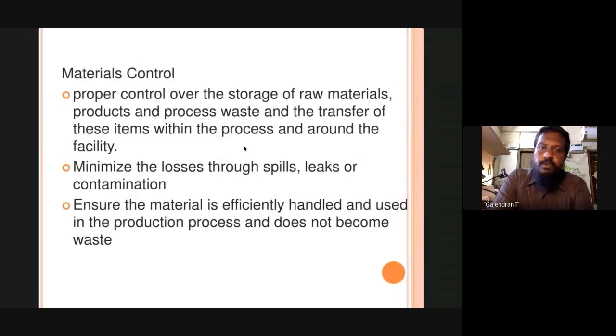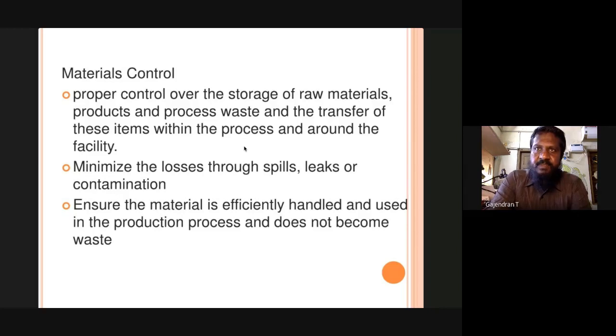Material control: proper control over the storage of raw materials, products, process waste, minimizing the losses through spills and leaks. Regarding the materials, I'm not sure if you're following the news. Recently we had summer showers. Rather, we had a rain a week back, which is not expected during the summer.